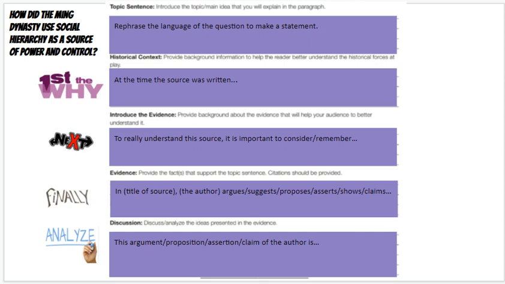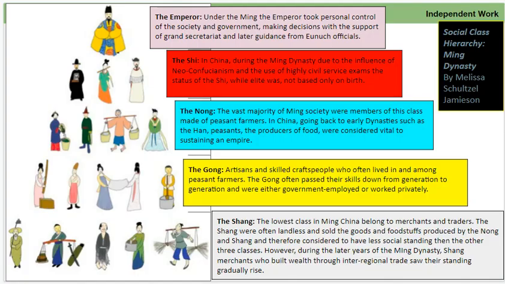For the topic sentence, you're going to rephrase the language of the question to make a statement. You're going to say, for example, and listen carefully, the Ming Dynasty used social hierarchy as a source of power and control because... now I want you to think about that because, go back over here, think about it, okay?